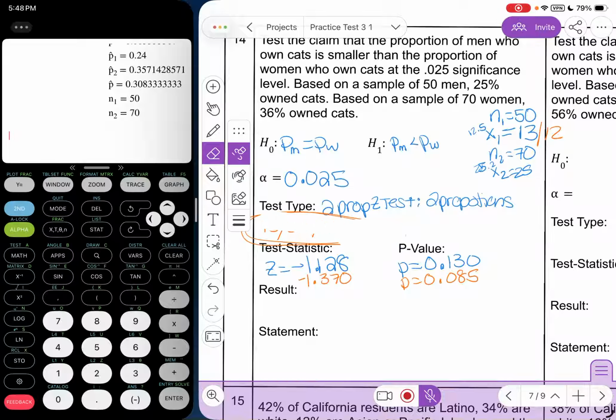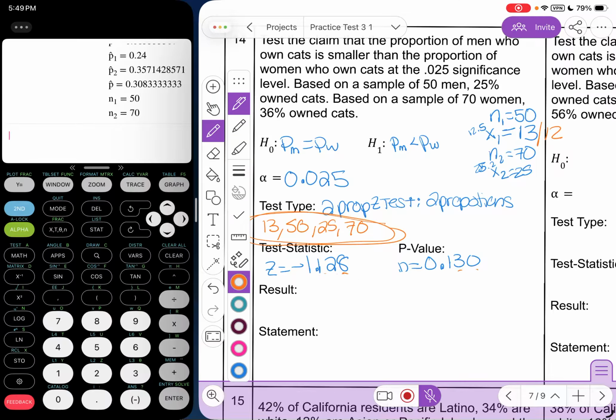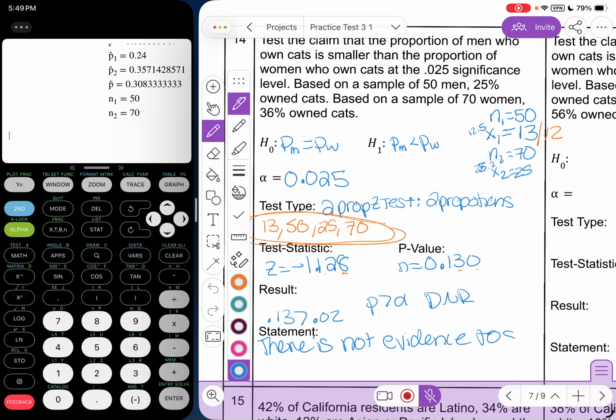So now, oops, that's not what I wanted to do. We'll go back and compare. So P, 0.13, is greater than 0.025. So P is greater than alpha. Do not reject. There is not evidence to say more men own cats than women.